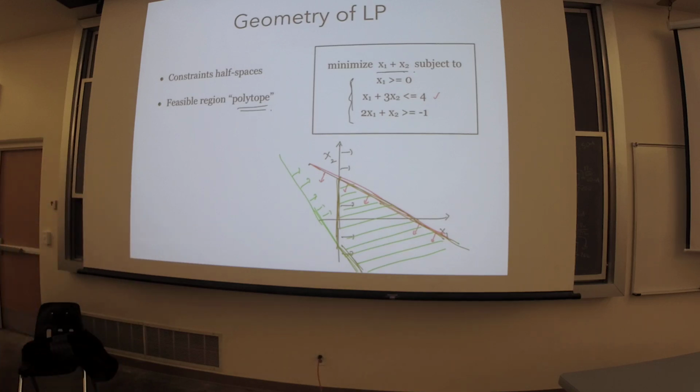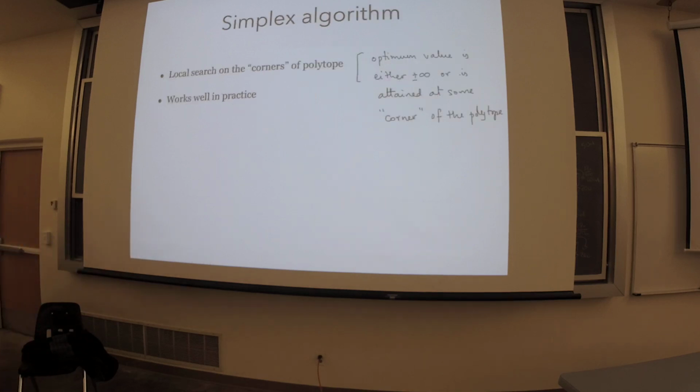In this case, there are only two corners. The other corners are basically infinite. What you can easily show is that for any objective function, either the optimum value is plus or minus infinity, or it is attained at one of the corners. This turns out to be a simple geometric fact.